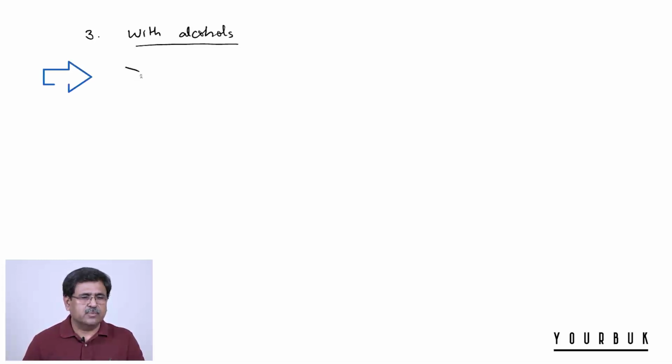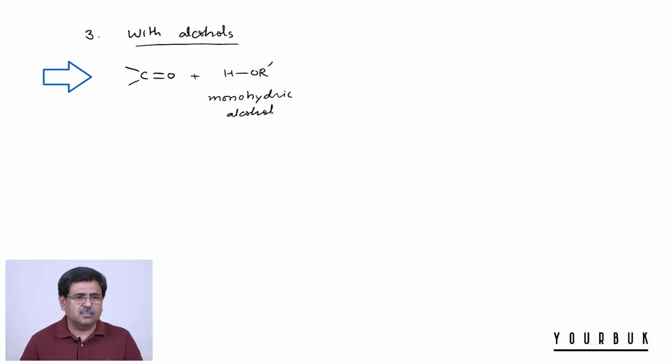So this is the reaction of carbonyl group with alcohol. Now this is an example of a monohydric alcohol, as you have only one OH group present. And the reaction takes place in acidic medium. So we use hydrogen chloride as an acidic medium.